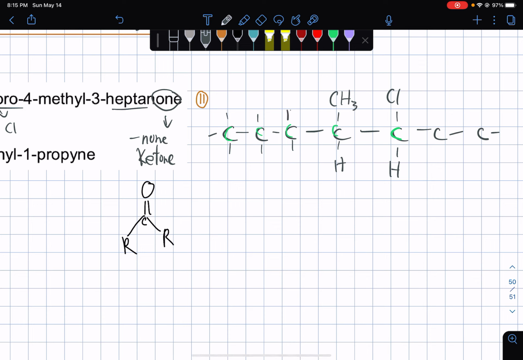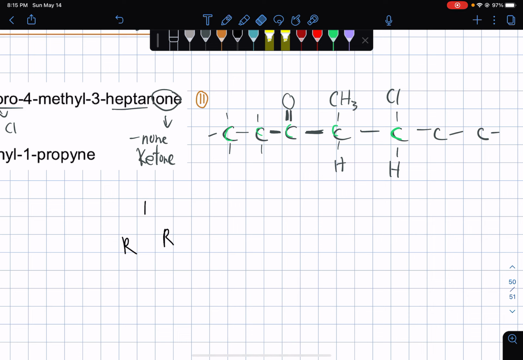I bet it's like that. We don't put any connection below because, as you all know, carbon can only be associated with 4 connections. So this is connection 1, connection 2, connection 3, connection 4.